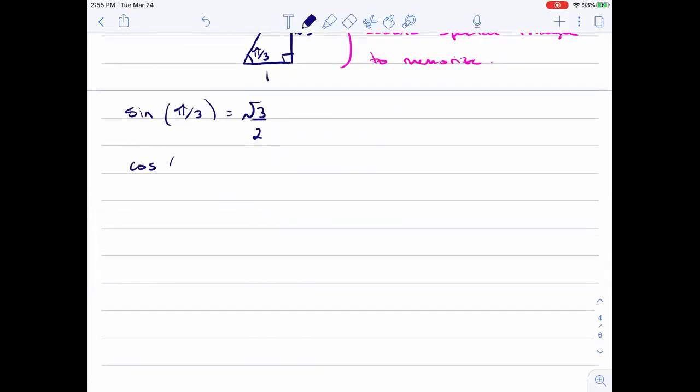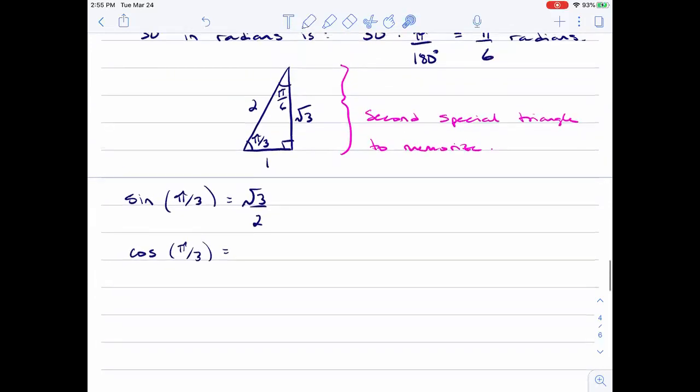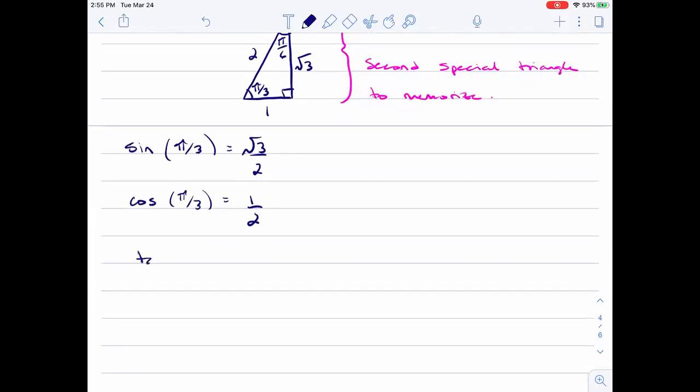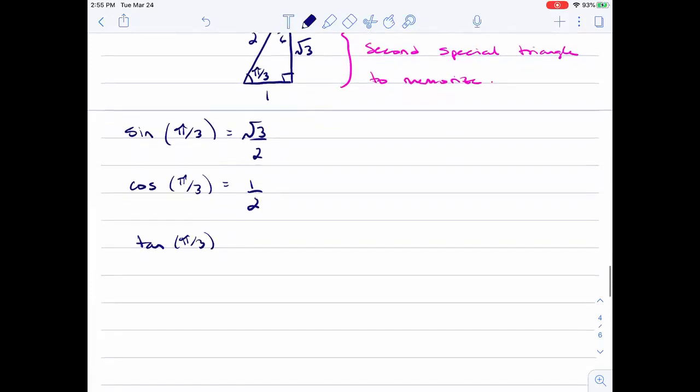Let's do the cos of pi over 3, just using the special triangle. So the cosine is adjacent over hypotenuse, which should be 1 over 2, which, if you remember from that table, is what we just saw. And then the tangent of pi over 3, what we're expecting to get is root 3.